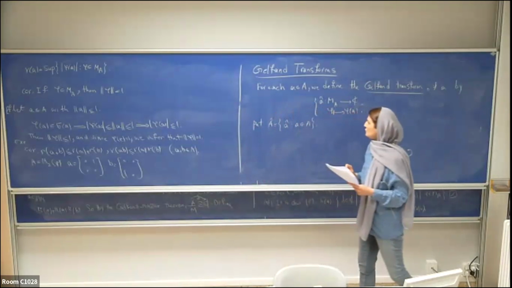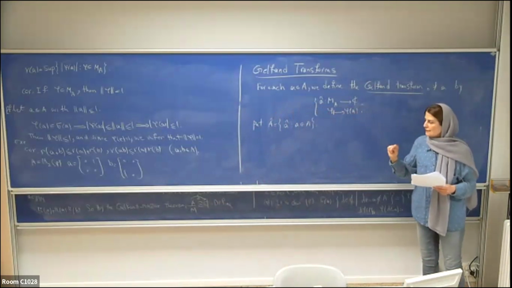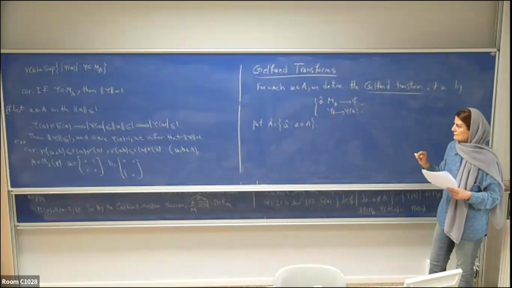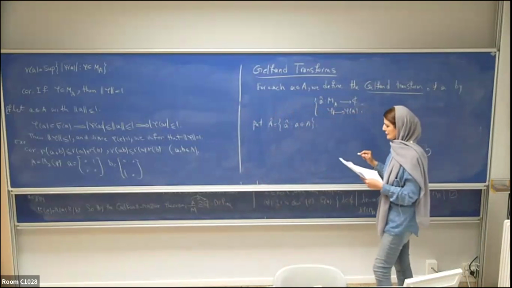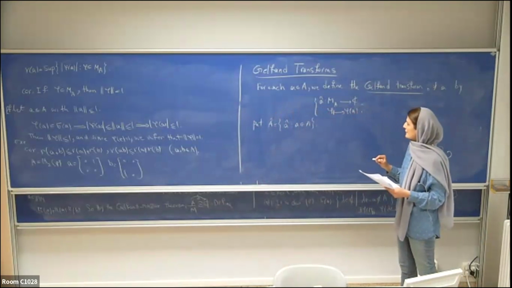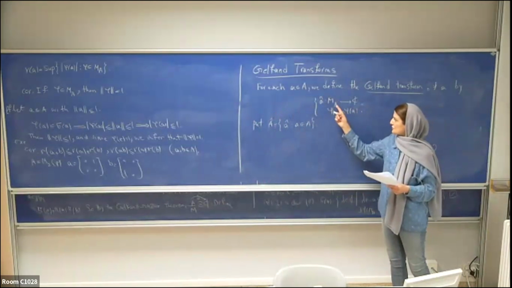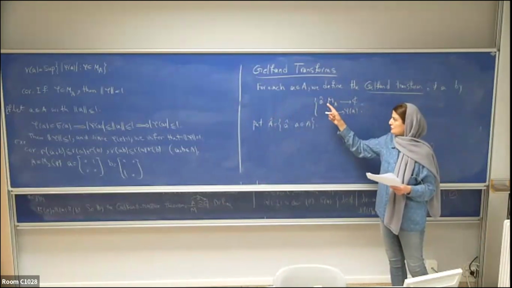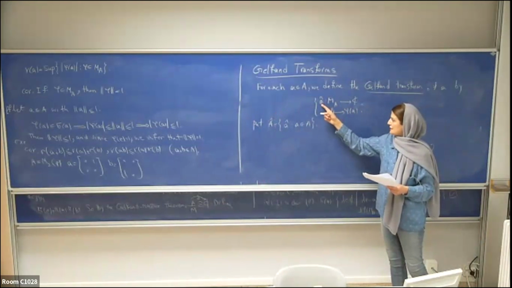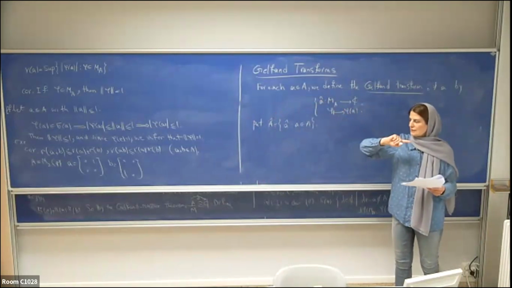We want to define a topology on M of A, which is called the Gelfand topology. It is the weakest topology which makes every a hat continuous.